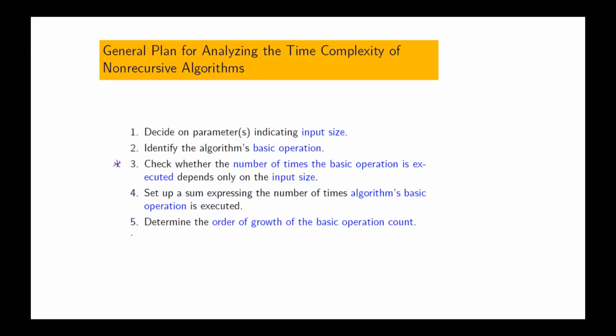After getting the order of growth, we can represent the number of times the basic operation is performed using some asymptotic notation.